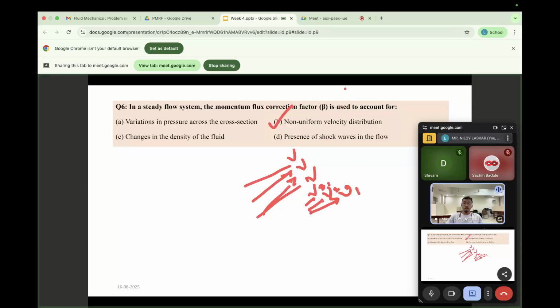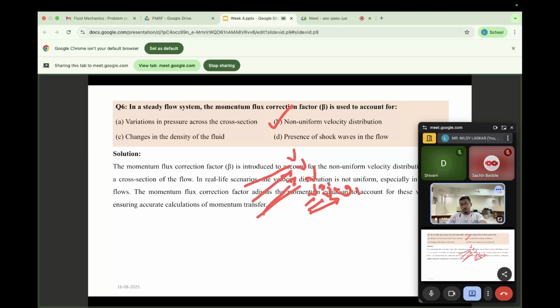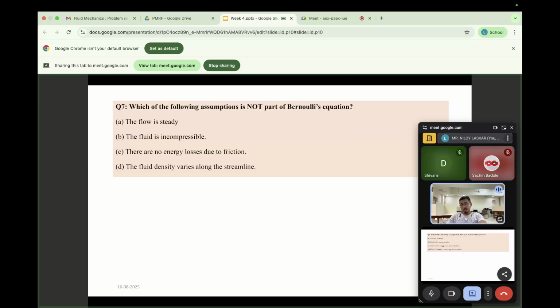That's why a correction factor comes into the scenario. So option B is the correct option. Good. So I am moving to the next question.